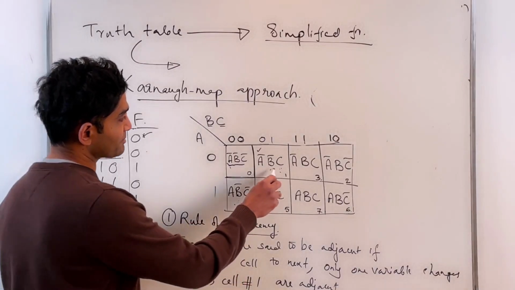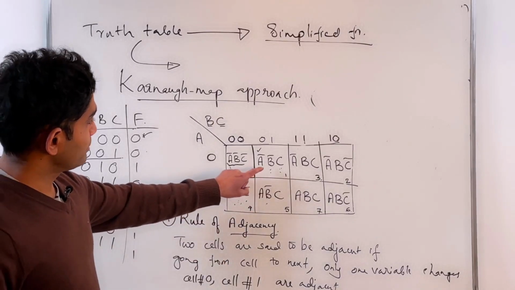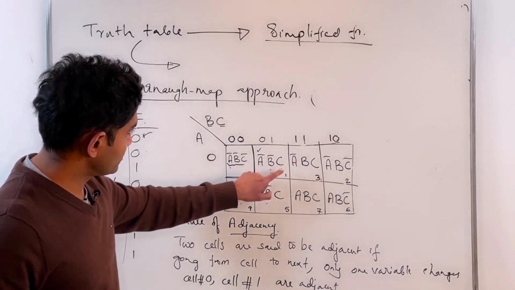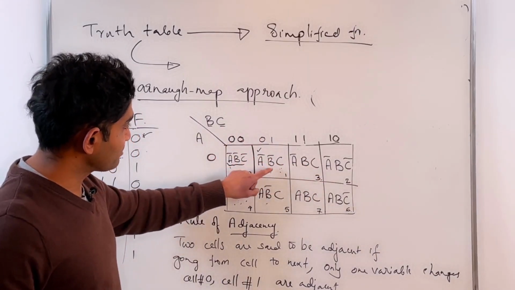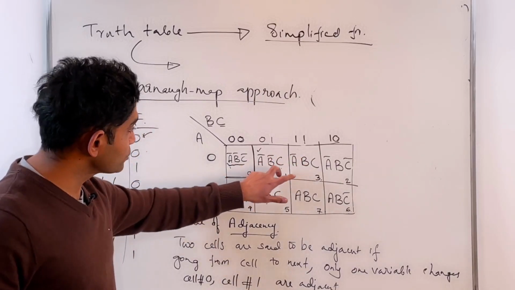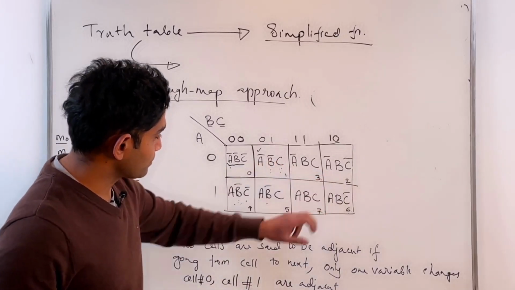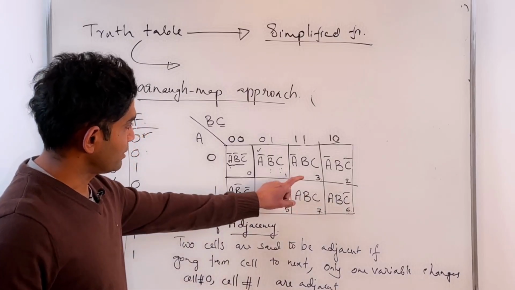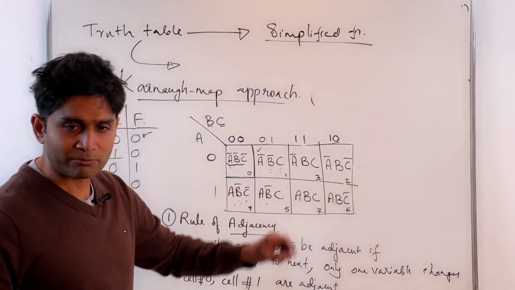Now we can see between this cell and this cell, are they adjacent now? A prime, C. So I have two variables that do not change. That really leaves me with one variable that changes, B prime and B. So these two cells are adjacent now. What about 3 and 2? Again, A prime B is common. C changes, so only one variable changes.